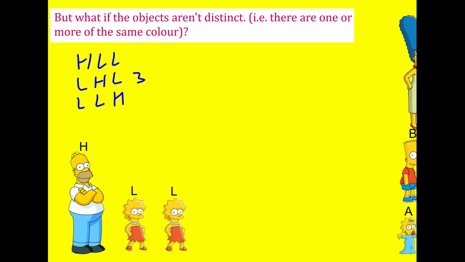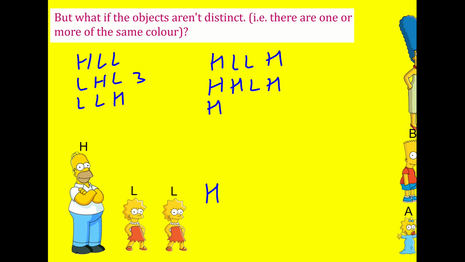What if I have another Homer, for example? H, L, L, H. Right, now I can look at maybe moving the H around. It's a bit harder to be systematic, I think. I'm just going to fix a H at the front and then move them around.